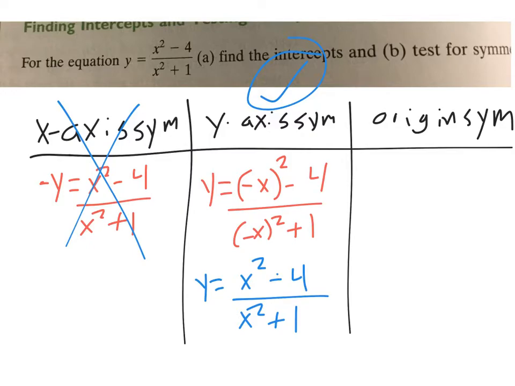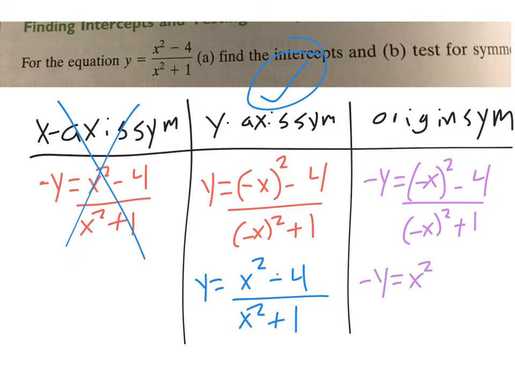Now lastly, let's check with respect to the origin. The origin changes both the signs of the x and the y. So this would be negative y equals (negative x) squared minus 4 over (negative x) squared plus 1. As I finish simplifying this, those negative x's that are squared become positive x squareds.